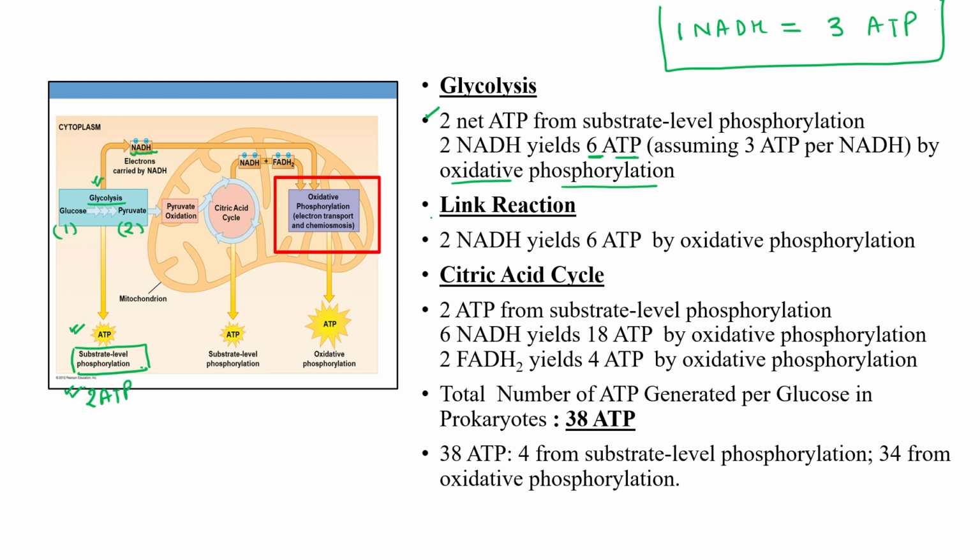Clear? And during the link reaction, just now we have seen the link reaction, where pyruvate gets converted into acetyl coenzyme A, at that time 2 molecules of NADH are also generated, which further gives us 6 molecules of ATP by oxidative phosphorylation. Clear?